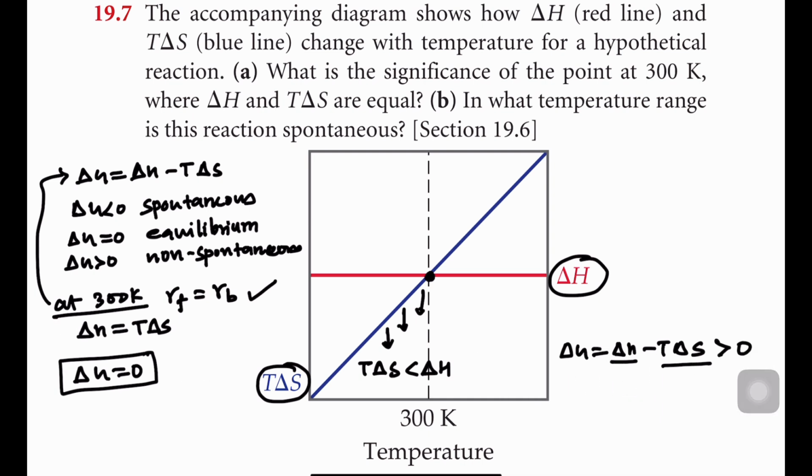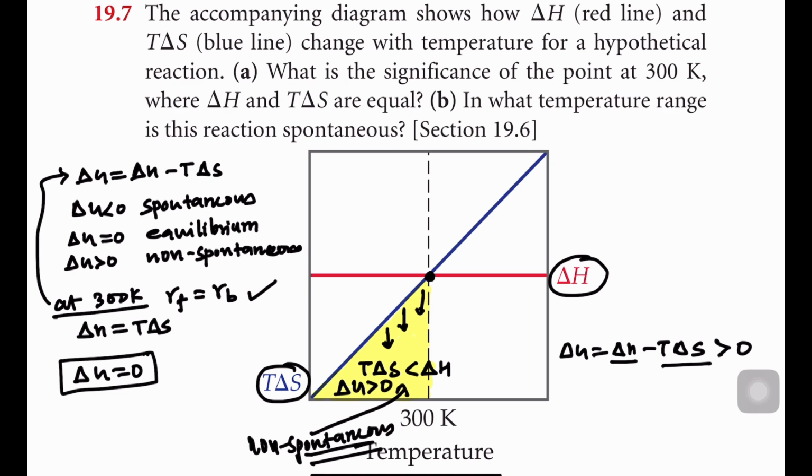I am highlighting below that temperature 300 Kelvin, shading it in this region. Basically, delta G is positive, I mean this is the region of non-spontaneous reaction.